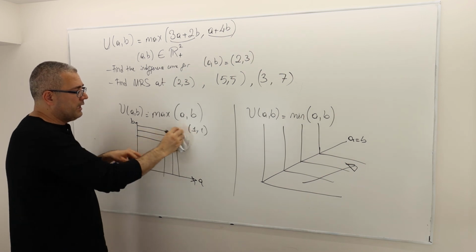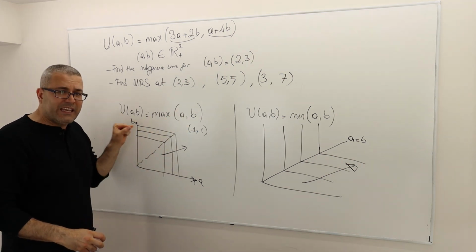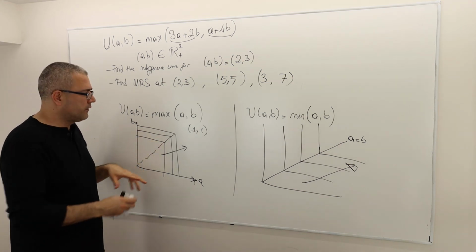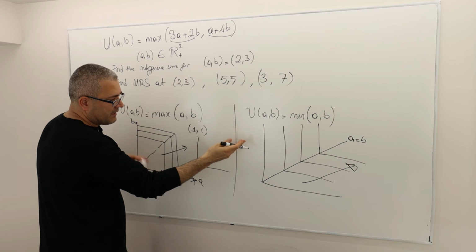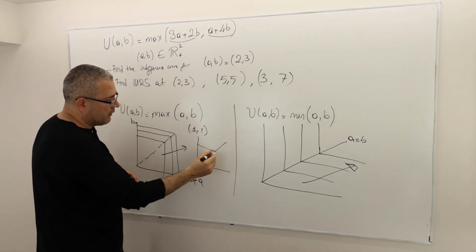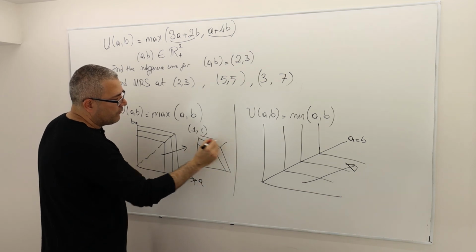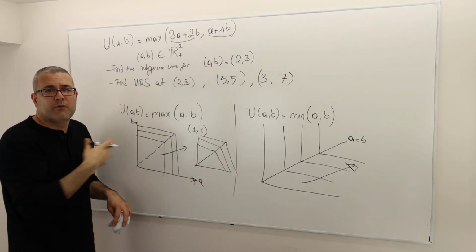It doesn't have to be A equals B, but there's going to be some line with the kink points of these indifference curves. Then the indifference curves will have some angle, and they're going to move in this fashion. So this is what this type of functions look like.